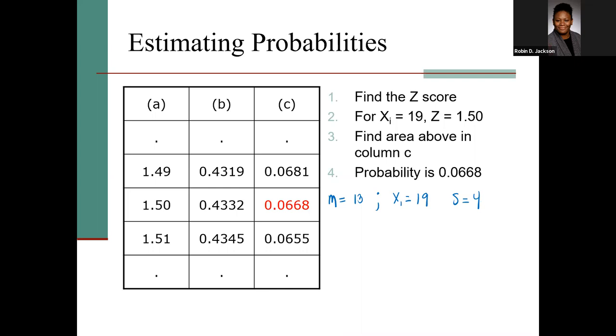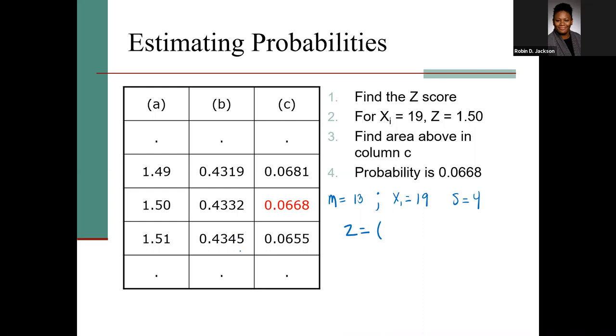All right, so using that information, first we find the Z-score. Z is equal to, I'm going to use parentheses so I keep things separate.